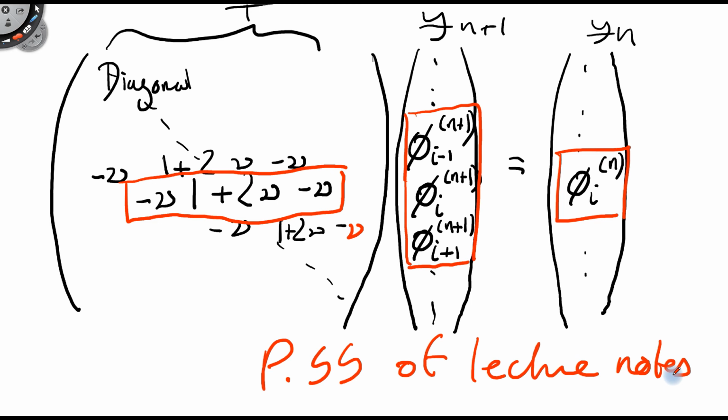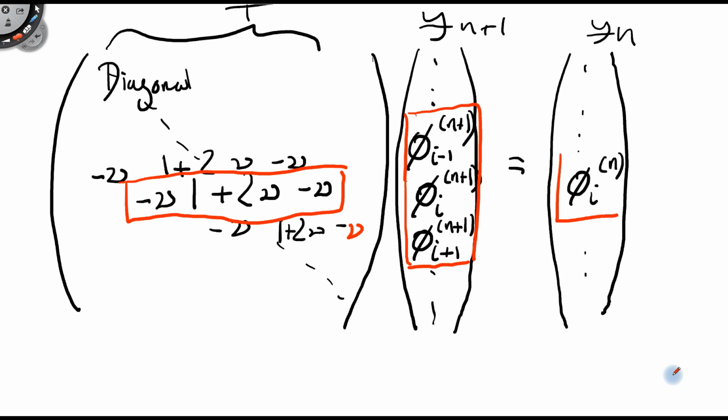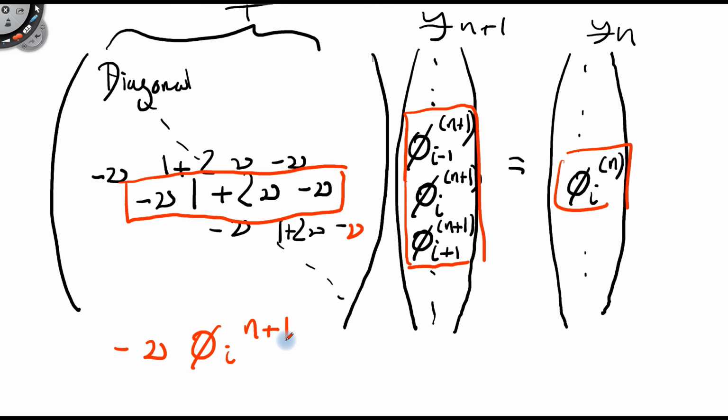Okay, so maybe if I can just write it down here, what this expansion is in time. It was minus mu times phi i minus 1 n plus 1. That was that element there, multiplied by that element there.